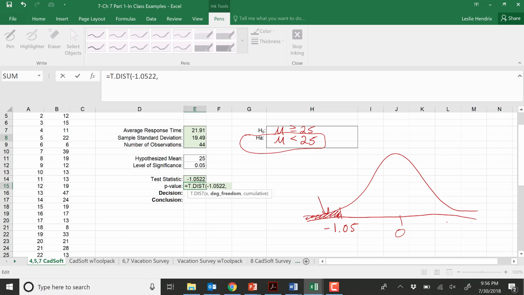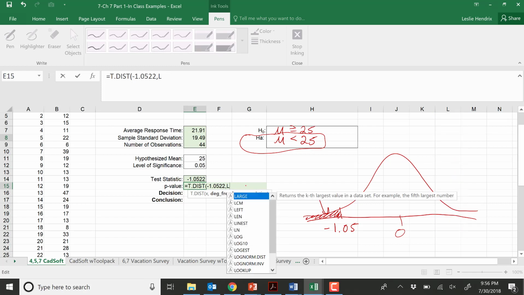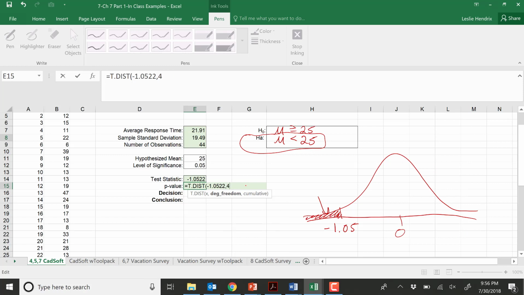They're n minus 1. So your t distribution has 43 degrees of freedom because our sample size is 44. And don't forget that you have to tell it that we want the CDF. And we get that 0.1493 again.